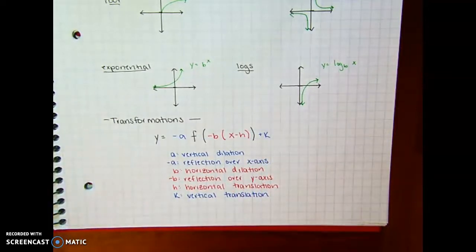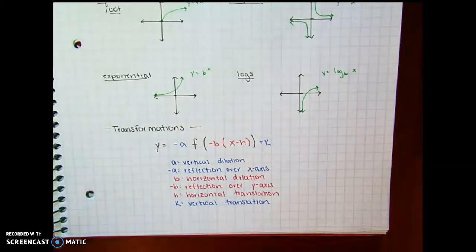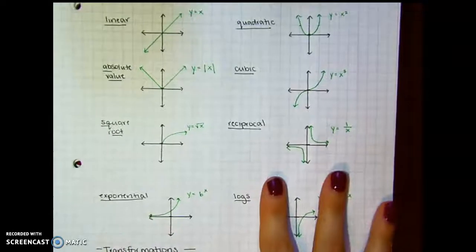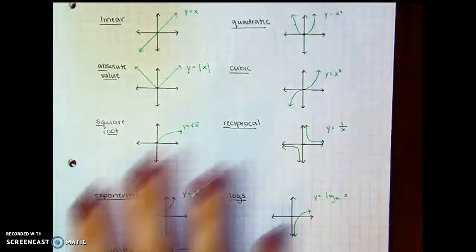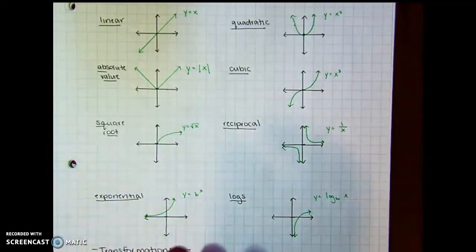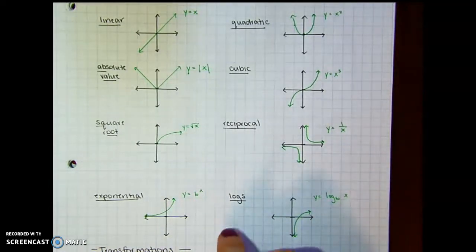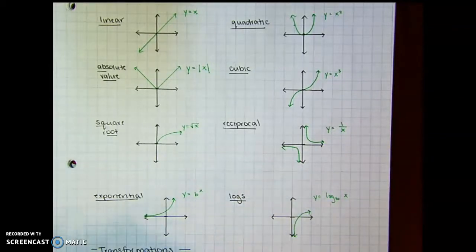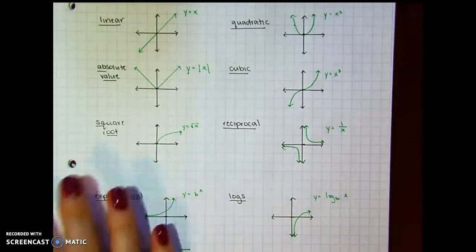All right. On Monday, you're going to be expected to be able to take any one of these functions, understand the characteristics. So like I said earlier, the domain, the range, intercepts, symmetry, continuity, and behavior in intervals where they're increasing or decreasing.